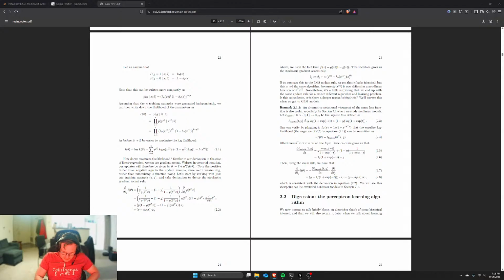Then let's just rewrite it if I need to rewrite it. Yes, I do have that right.